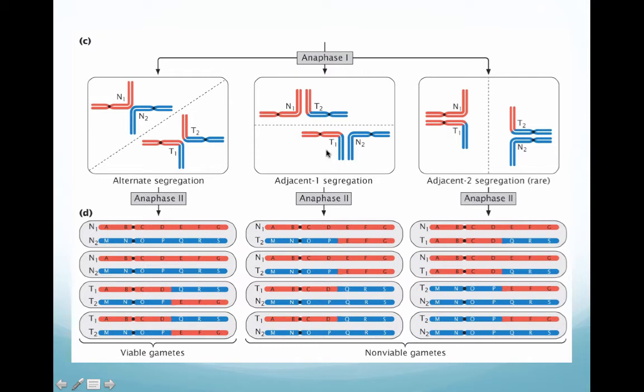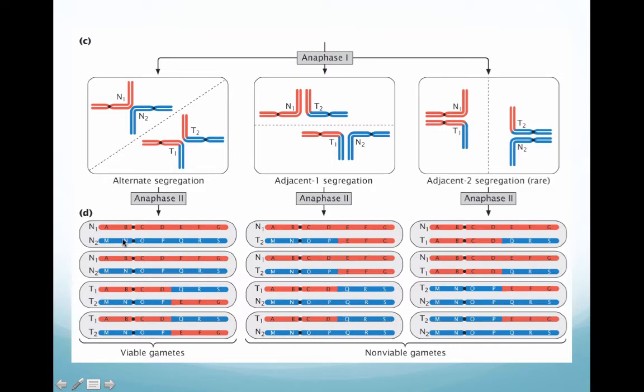So as we progress through each one of these three possibilities into anaphase 2, we get very, very different results as far as gametes. In the first example, if we have N1, N2 segregating, and then T1, T2 segregating, this is as normal as we can get, and it's going to give us viable gametes.